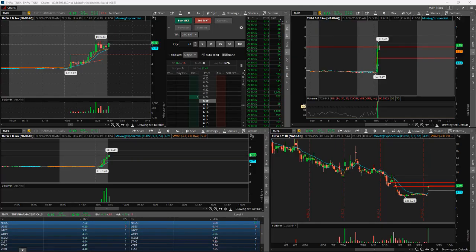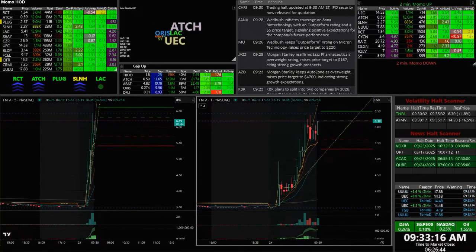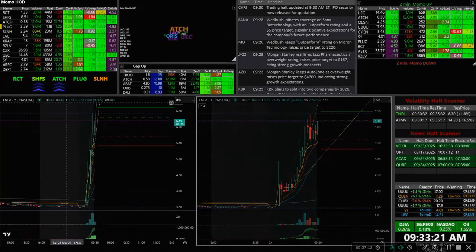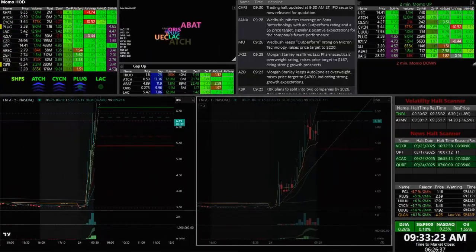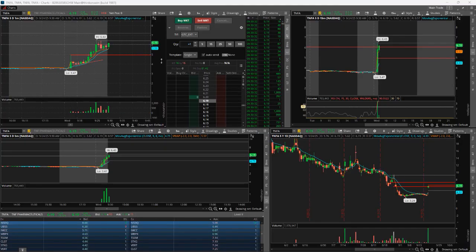I don't see a clear catalyst, so I would probably stay away from this. Yeah, this thing's super extended on lower volume with a high float. My float on this is 112 million. I'm not going to trade that. So we're just going to sit here and wait for TNFA to resume. This way you guys can get an idea what a halt resumption looks like.